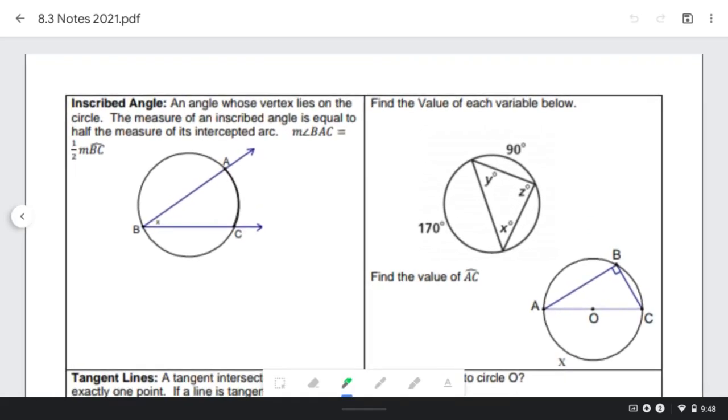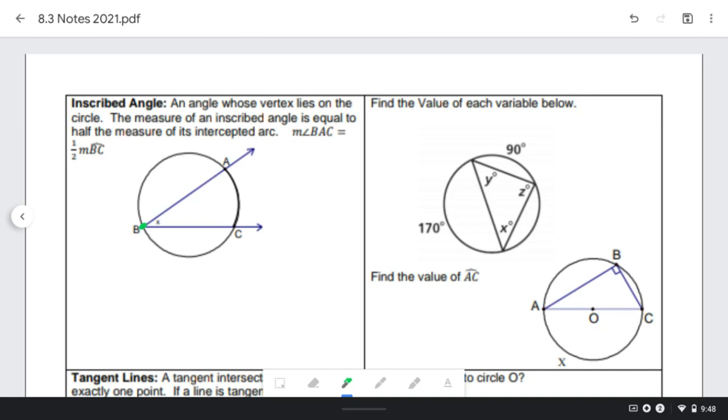All right, then we have an inscribed angle, and notice the big difference between the last angle, central angle, and an inscribed angle is that an inscribed angle's vertex is on the circle. Whereas the central angle's vertex was in the center, this one is actually on the circle. It's an angle whose vertex lies on the circle.